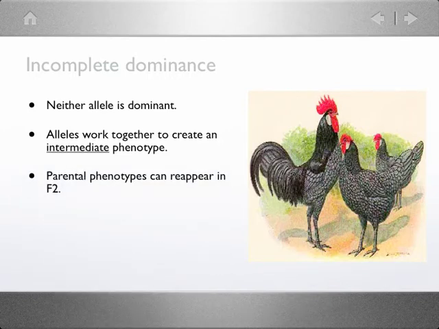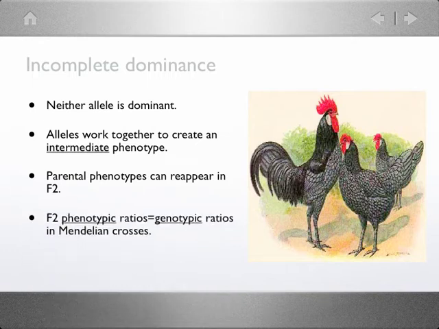The parental phenotypes can reappear in the F2 generation. So you'll get those purebreds in step 1, like you did with the Mendelian experiment, except for now in step 2, the dominant is not going to show up like you've seen before. It's still going to be heterozygous, but now you're going to see an intermediate phenotype between the two parents.